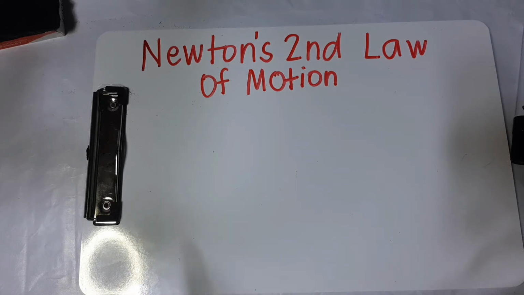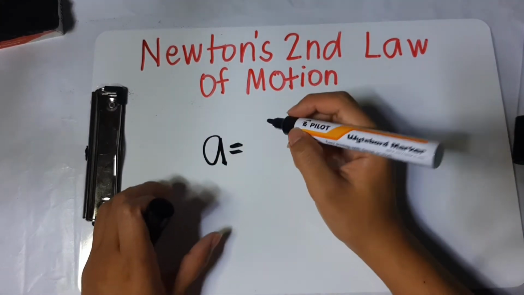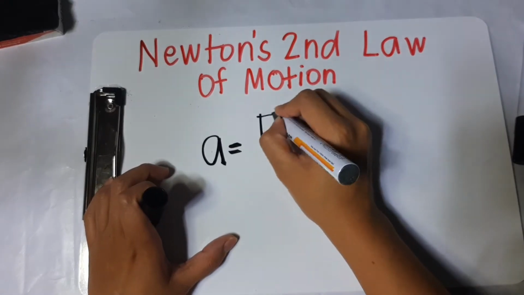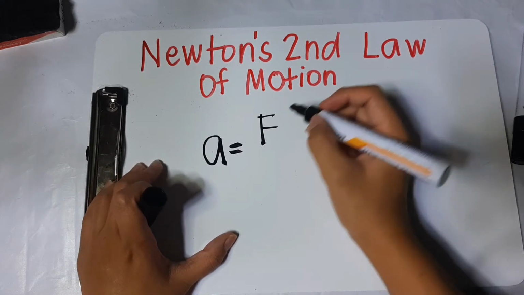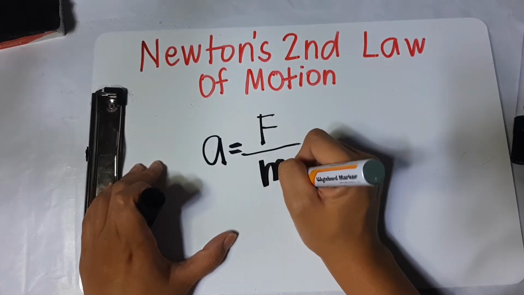Now, for the second law of motion, we have here the acceleration of an object. The acceleration of an object is directly proportional to the net force acting on it and is inversely proportional to its mass.